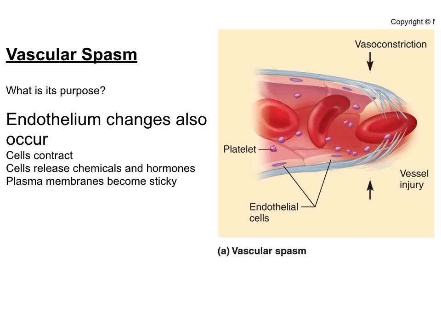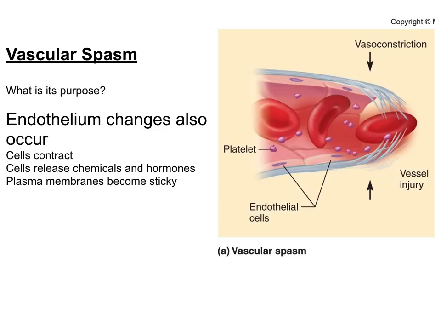So they're going to make that contraction even stronger, decreasing the size of your opening even more, reducing your blood loss even more. The chemical factors and hormones also have the ability to increase cell division, which is something that you want to start promoting at the very beginning, because it's the increase in cell division that's going to help you repair that damage that was induced.